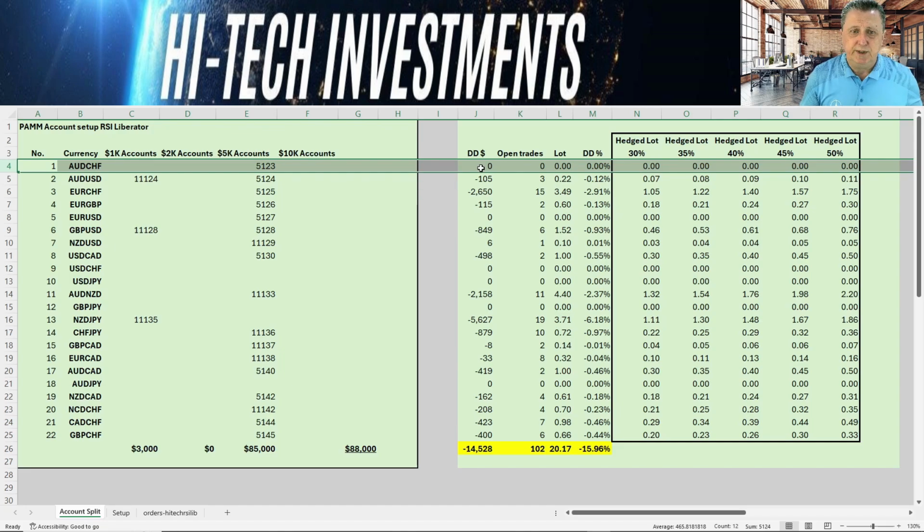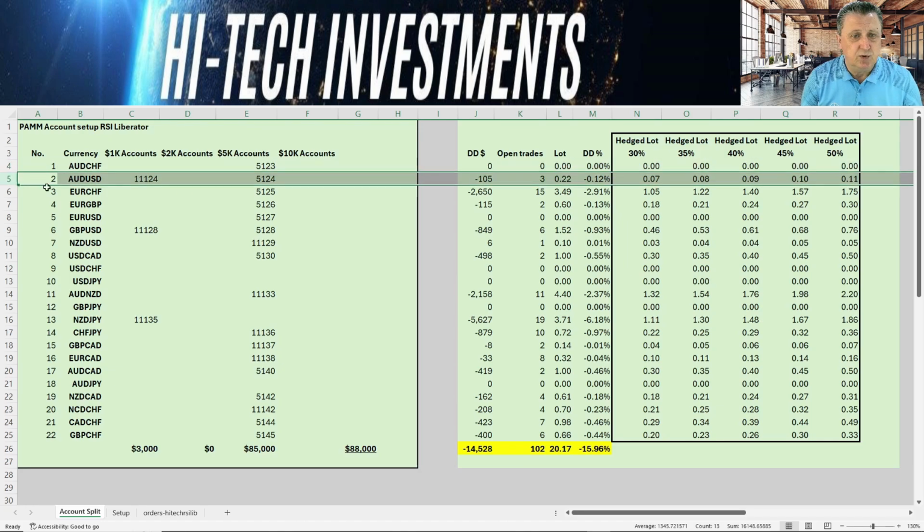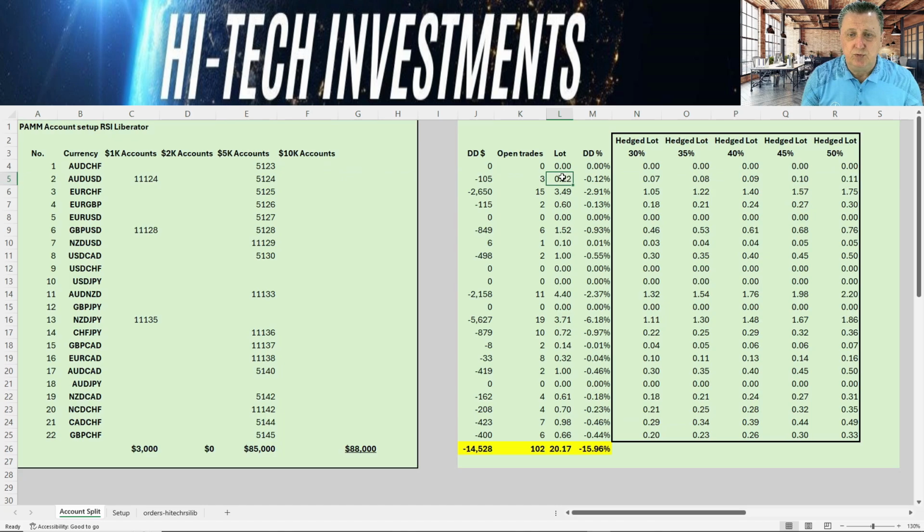Basically, you go through that Excel, and in this particular case, we have no open trades for the Aussie Swiss francs. So we go to Aussie USD, and then you highlight, you have 3 open trades. The overall lot size that I mentioned before is 0.22. And then you also add in your drawdown in dollars at the end of the day. And you continue to do that for every single one of them.